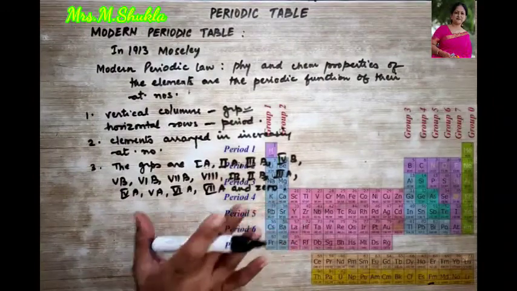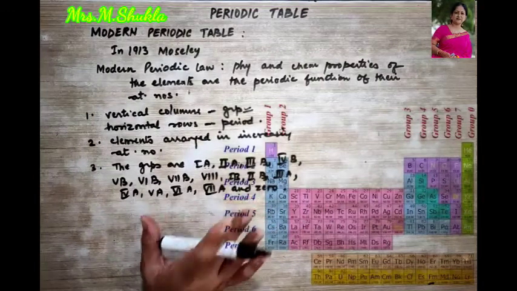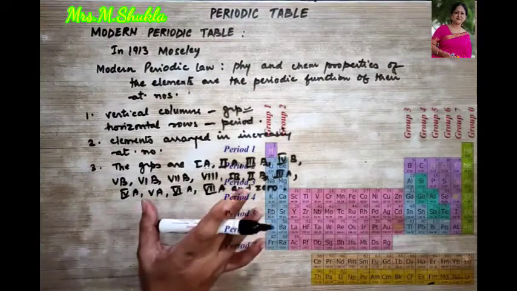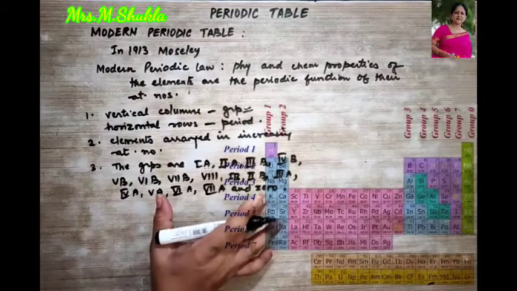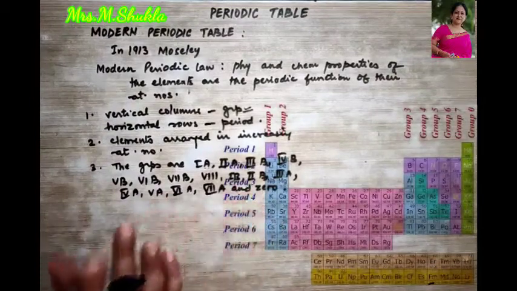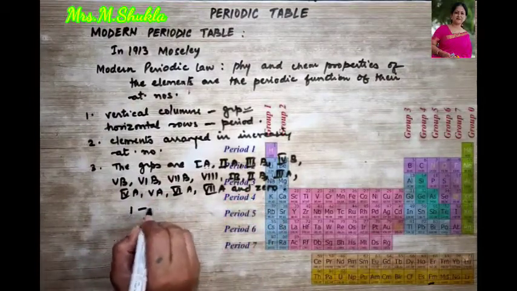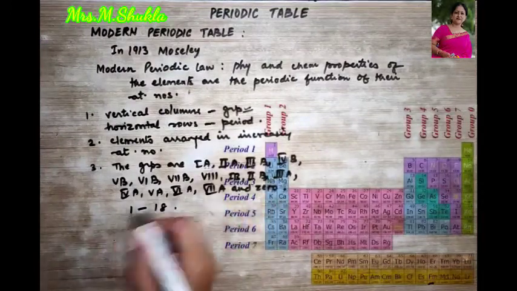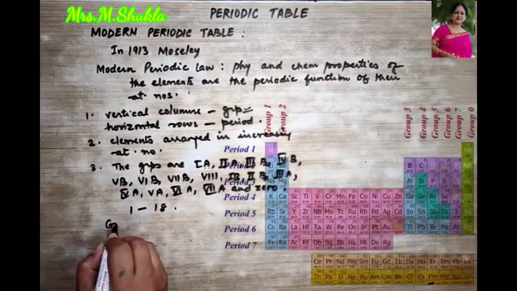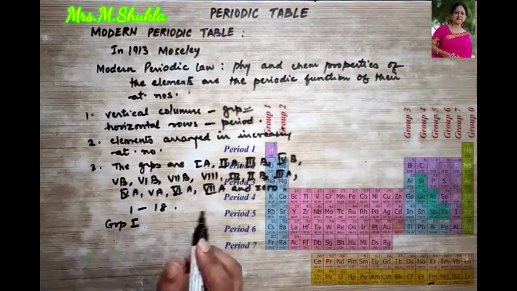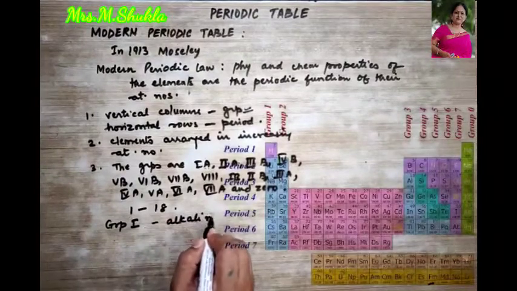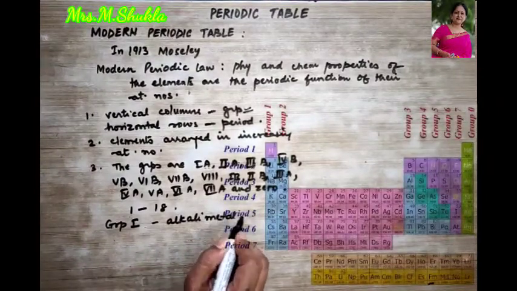Now we are going to discuss some more important points about the groups. According to the latest IUPAC naming, the groups have now been numbered 1 to 18. Let us now talk about these groups. Group 1 is called the alkali metals.